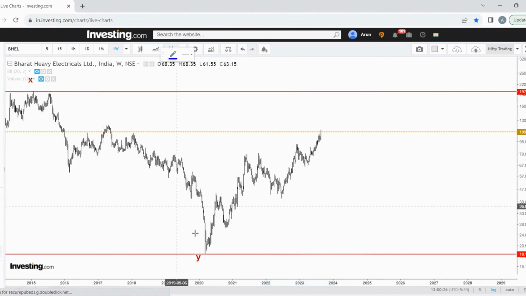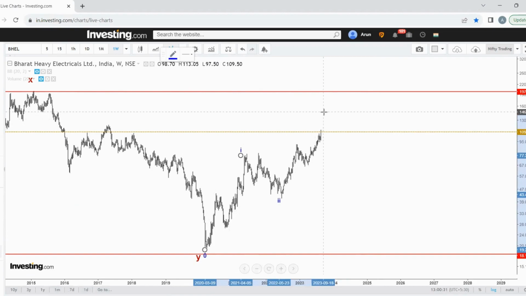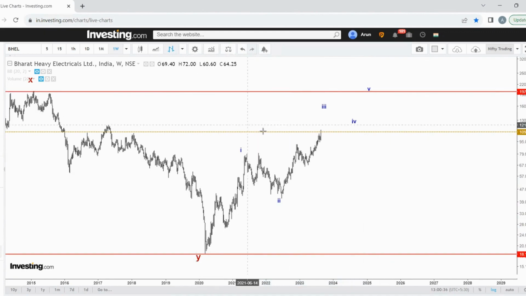So we should always monitor the price action. So this is the probable movement. Either A, B, C or 1, 2, 3 can end here. This is Bharat Heavy Electricals.